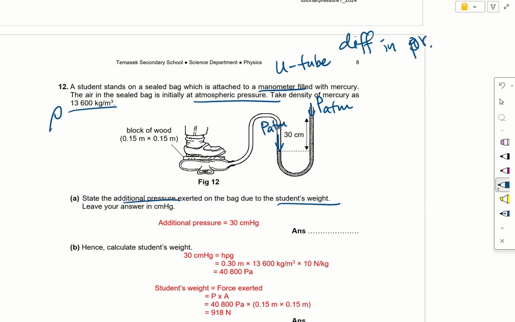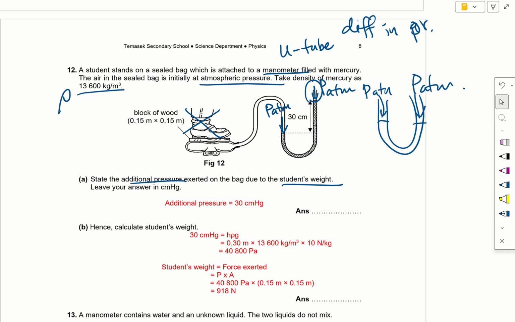Now state the additional pressure exerted due to the student's weight. Initially, if the student doesn't step on this bag, the U tube should show equal level, because the bag is also at atmospheric pressure, and the outer tube, which is open to the air, is also atmospheric pressure. They want us to leave our answers in cmHg. Now that the student has stepped on it, the pressure on the left hand side is greater than the pressure on the right hand side.